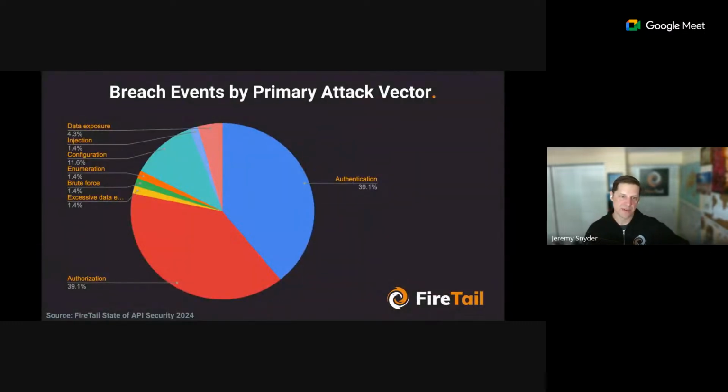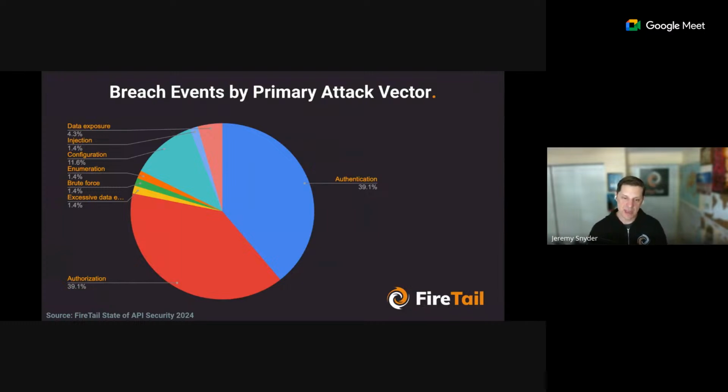So when we looked on the classification side, and you'll see this again if you look at the tracker or if you read in the report, authentication and authorization problems are by far number 1 and number 2 root causes. But this categorization right here that you're seeing on the screen right now, this is in terms of number of events.